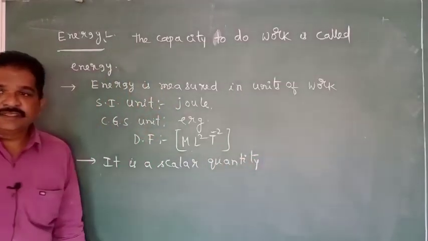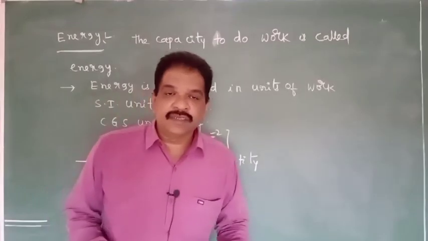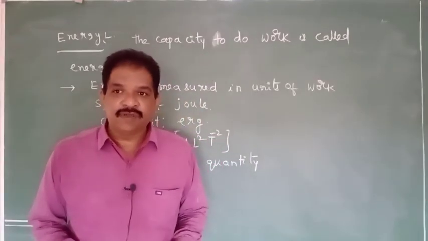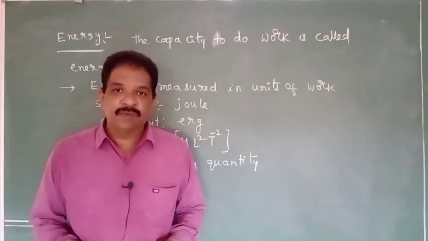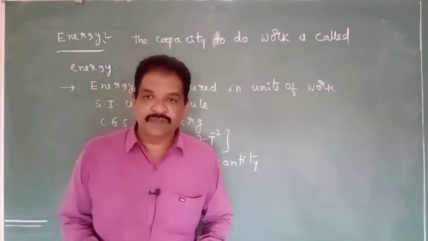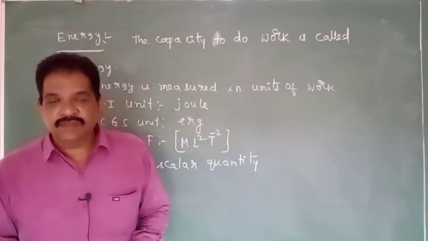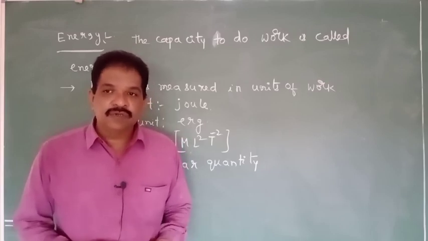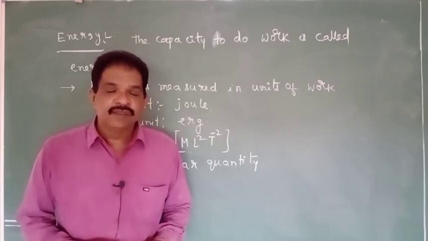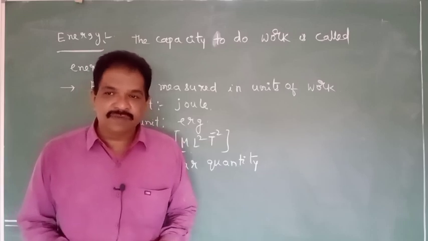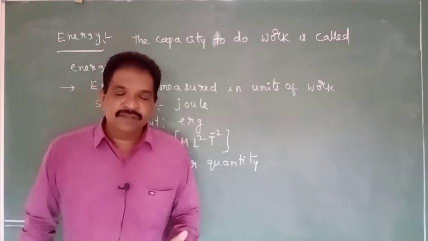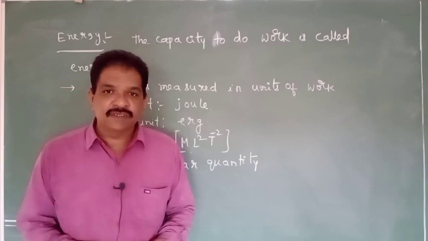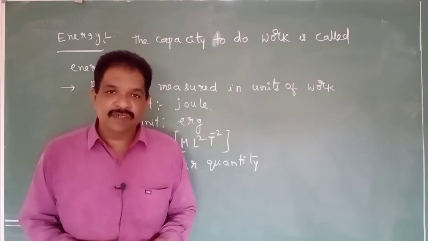Clear? Energy is available to us in different forms. Light is a form of energy, heat is a form of energy, electricity is a form of energy called electric energy. In the same way, nuclear energy, sound energy, like that different forms of energies will be there. In this lesson, we will confine our discussion only to mechanical energy.